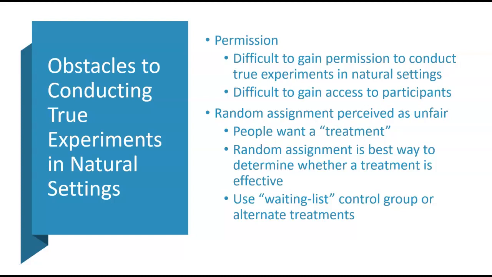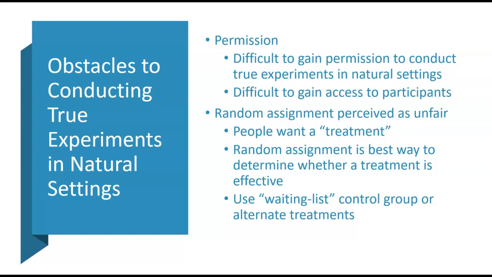As in the example I gave a little bit ago, if you have a potentially effective treatment for a problem that people have, people will want the treatment, particularly if they're ill or suffering, and they won't want to be randomly assigned to the control group.